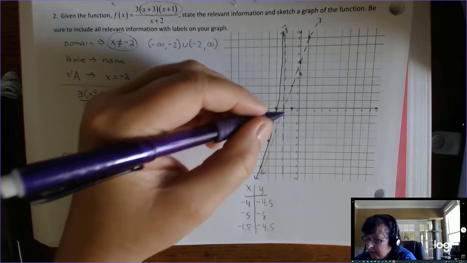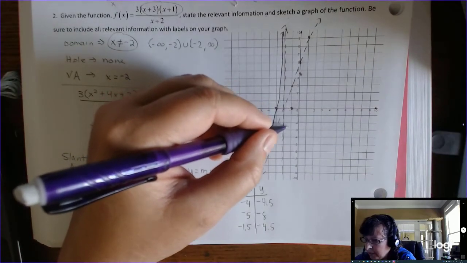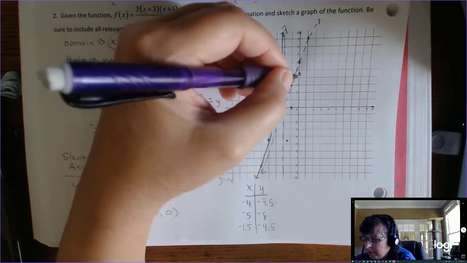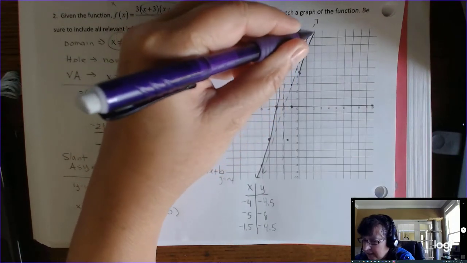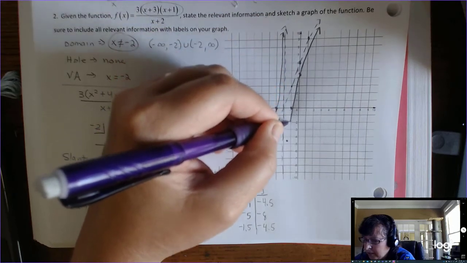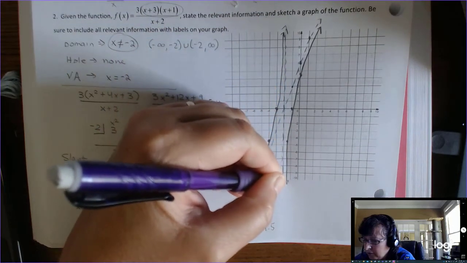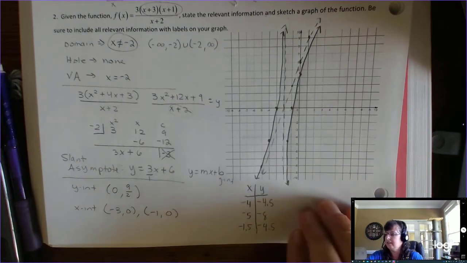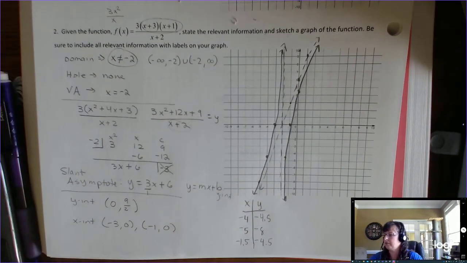And then at -1.5, we've got -4.5. And you can see what's happening there. As x gets bigger and bigger, it's going to hug the slant asymptote. And as x gets closer and closer to -2, it's going to hug the vertical asymptote. So that's how you would graph one of these functions. Continue to practice and check your key.